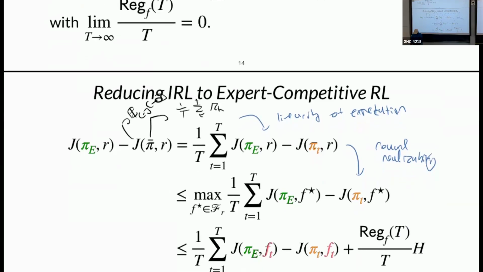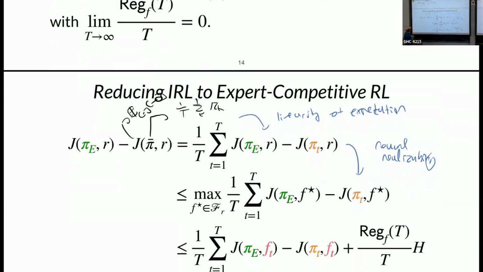Then I'm going to recall that the difference between the performance under f star, the best in hindsight, and the actual ft's I chose is just the definition of regret, right? Regret is just the difference between what I did and what I could have done.